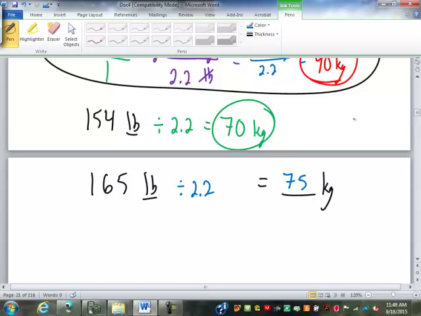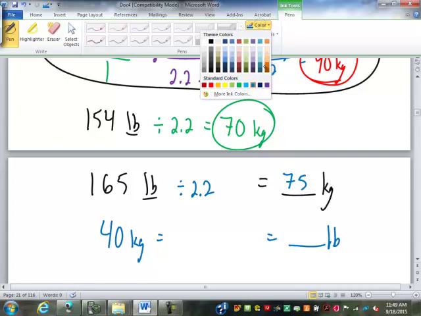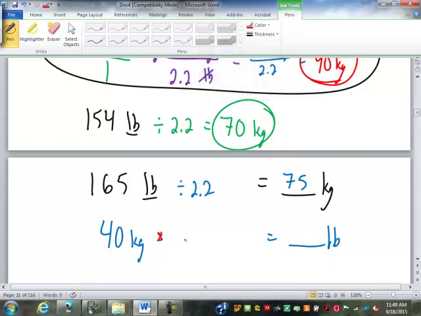Good. If a patient comes in at 40 kilograms, how many pounds are they? You're going to multiply by 2.2, which will give you 88 pounds. Very good.